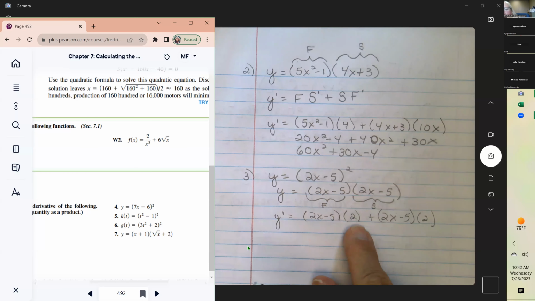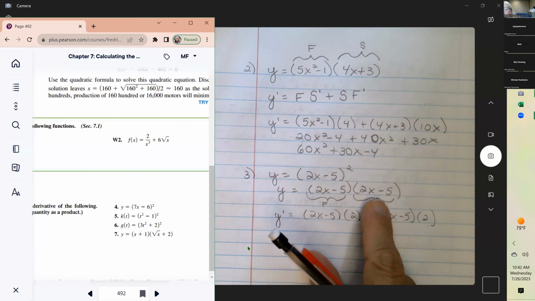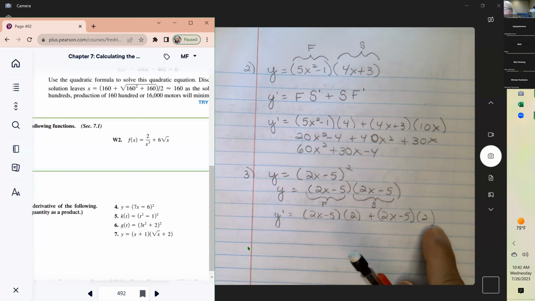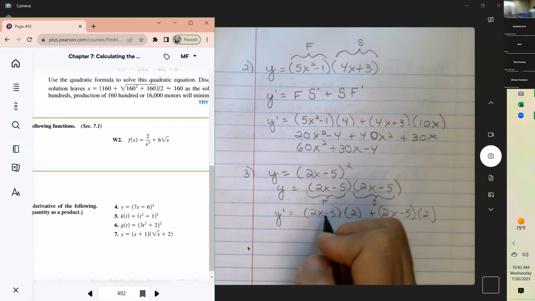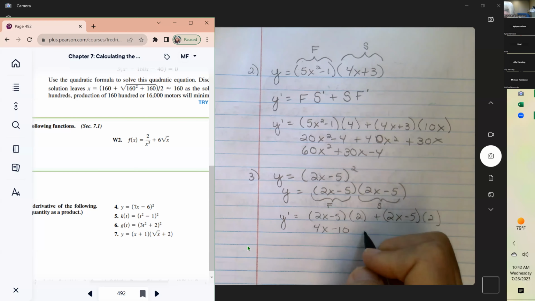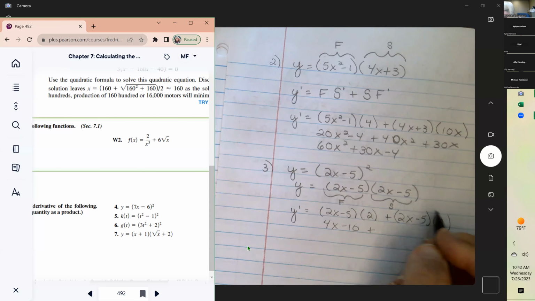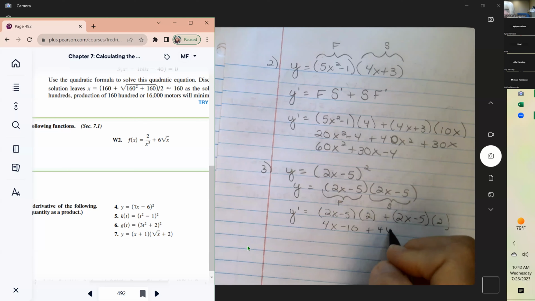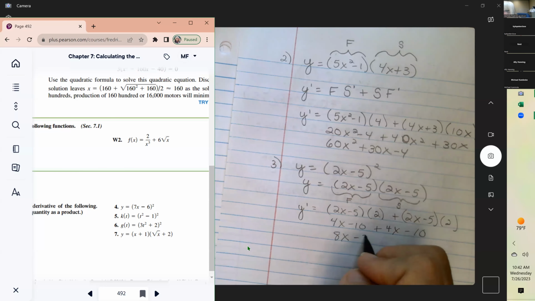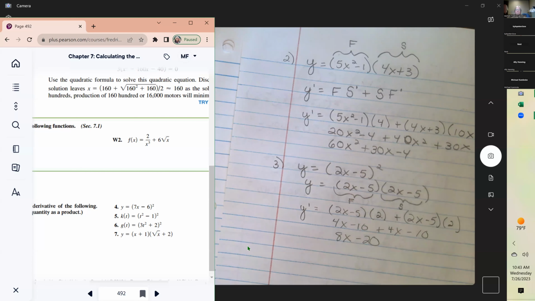First times the derivative of the second, which is just 2. Second times the derivative of the first, which is also 2. And then you can distribute. 4x minus 10 plus 4x minus 2. Combining like terms, 8x minus 12. Any questions on that?